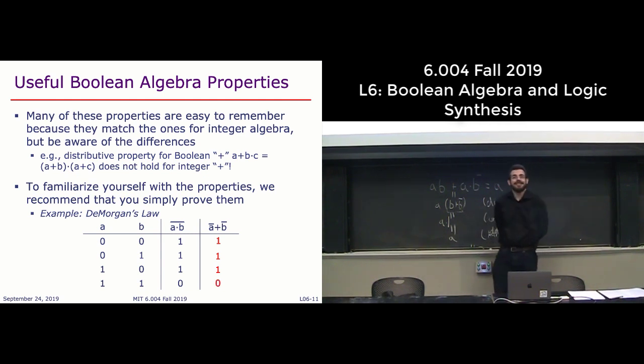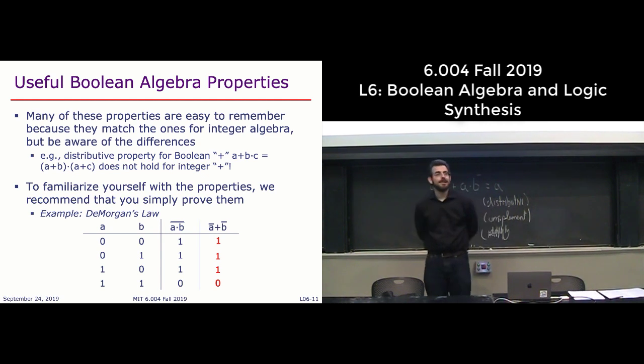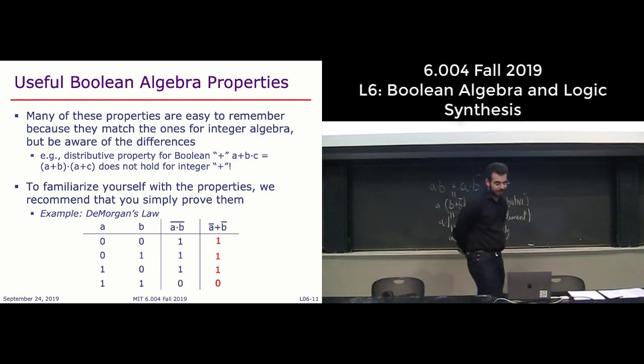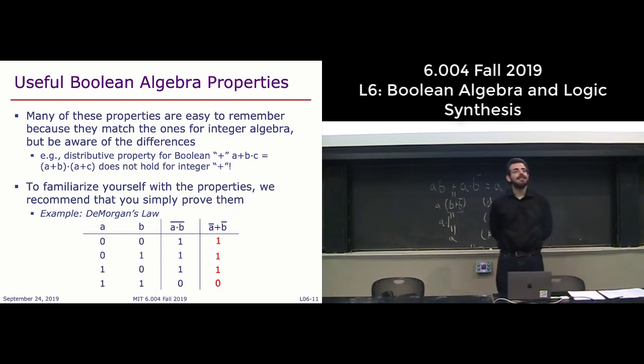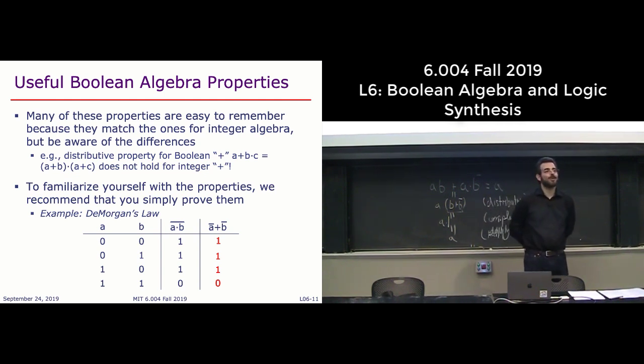And so you can see that indeed they match. So we've proven De Morgan's law, at least for AND, holds, and by duality the other one also holds. But you don't have to take my word for it, you can just try it out. Okay, any questions?